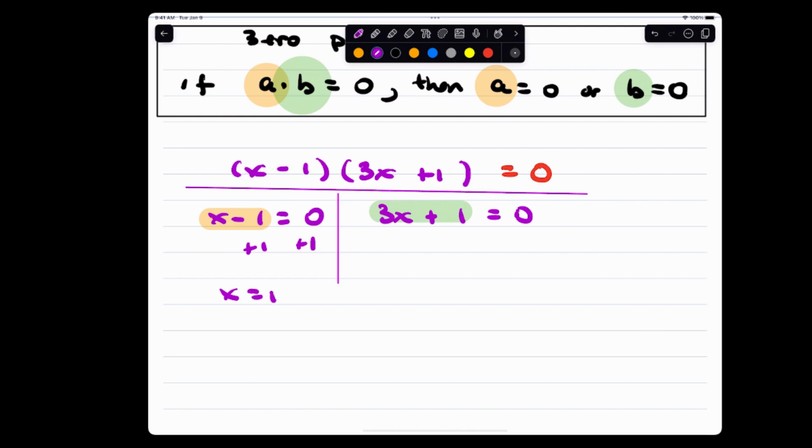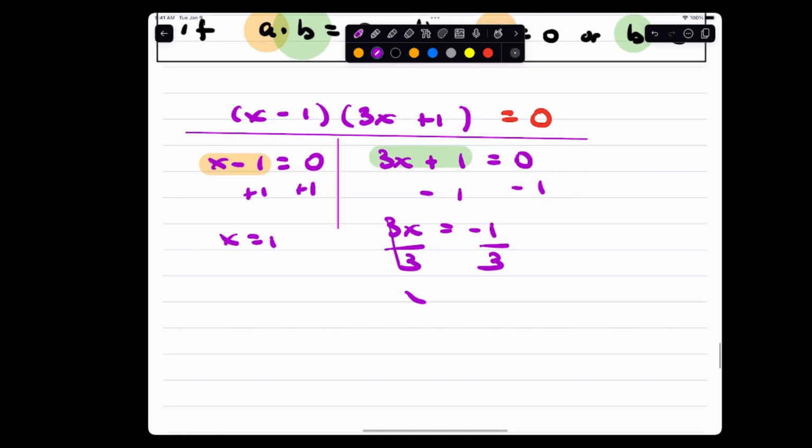You get x is 1, and here you have to do more than that. This will be 3x equals negative 1, divided by 3. X is negative 1/3. X is 1. X is negative 1/3.